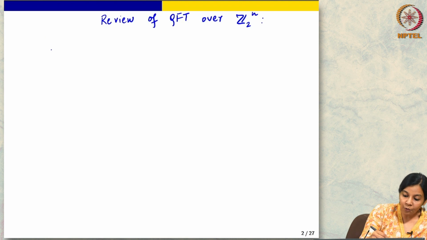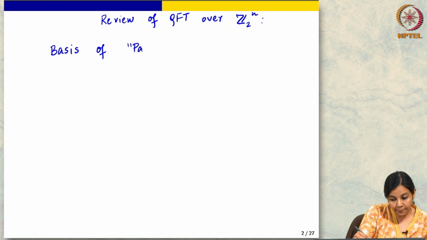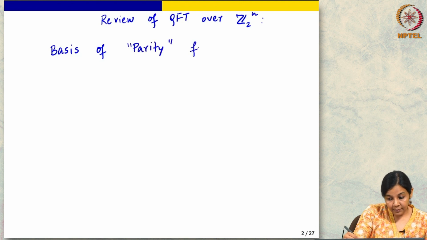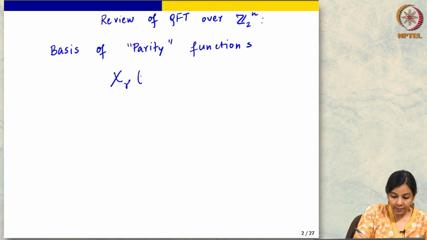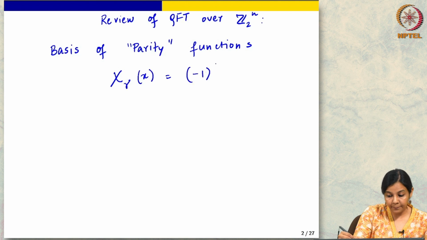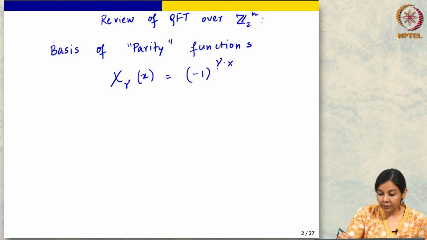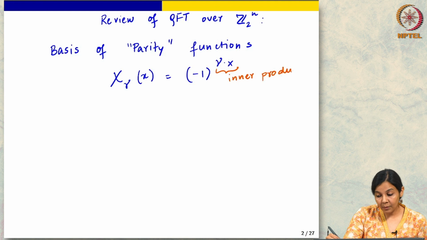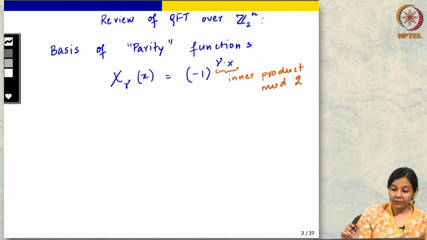If you remember, we had a basis of what we were calling parity functions, and we were defining these in this way. Here this is the inner product mod 2. So, we are looking at binary vectors of length small n, and we are defining these basis functions in this way.